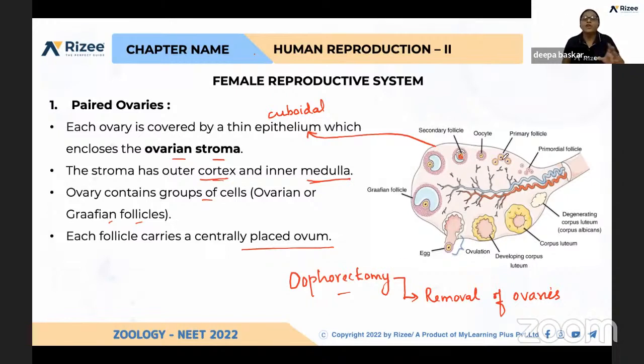It has groups of follicular cells. We will discuss different types of follicles, why they are named so, everything during gametogenesis. Each follicle has an egg at the center. And what is oophorectomy? Removal of ovaries. Why should we remove ovaries? If there are complications like cancer and other infections, and the condition exists to remove the ovaries, that term is called oophorectomy.